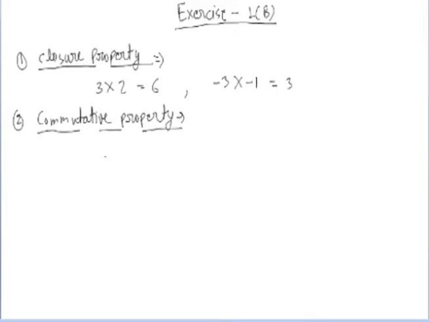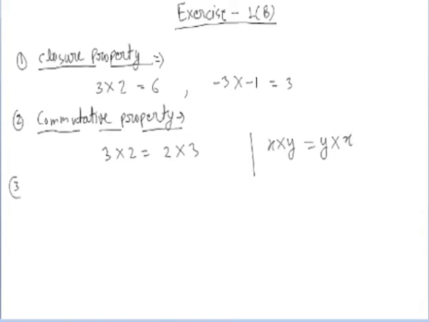Like 3 into 2 is equal to 2 into 3, which means in the commutative property, if we multiply two integers, their order doesn't matter. 3 into 2 is equal to 6 and 2 into 3 is also equal to 6. So we can say that x into y, if x and y are integers, will also be equal to y into x, in this way.